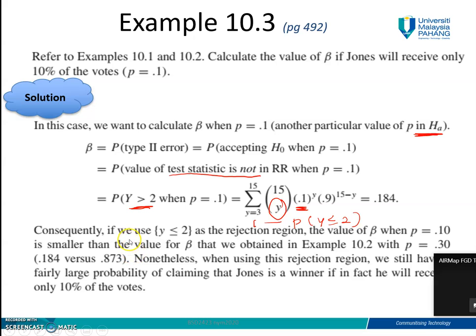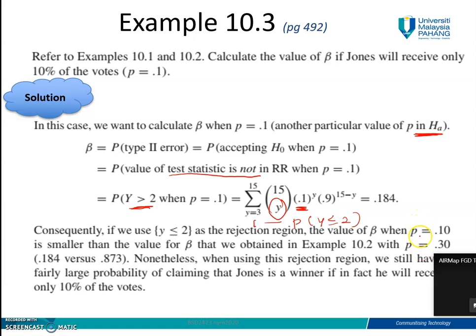Consequently, if we use Y less than or equal to 2 as the rejection region, the value of beta when P equals 0.1 is smaller than the value of beta that we obtained in example 10.2, because in example 10.2 our P is 0.3, which is different.